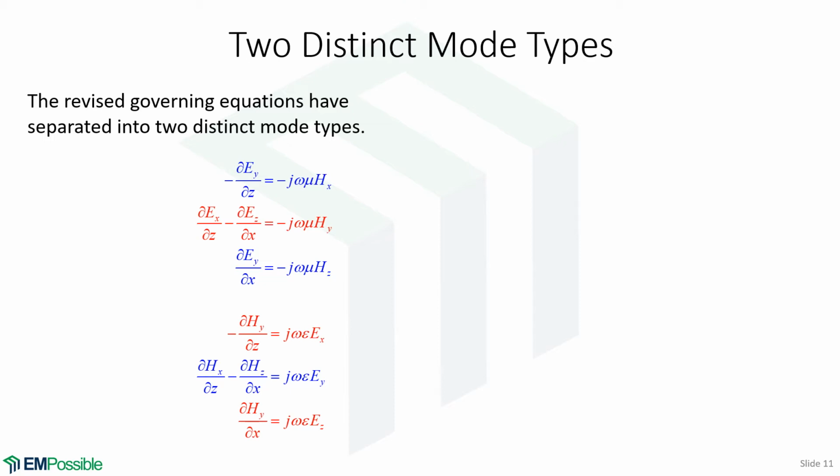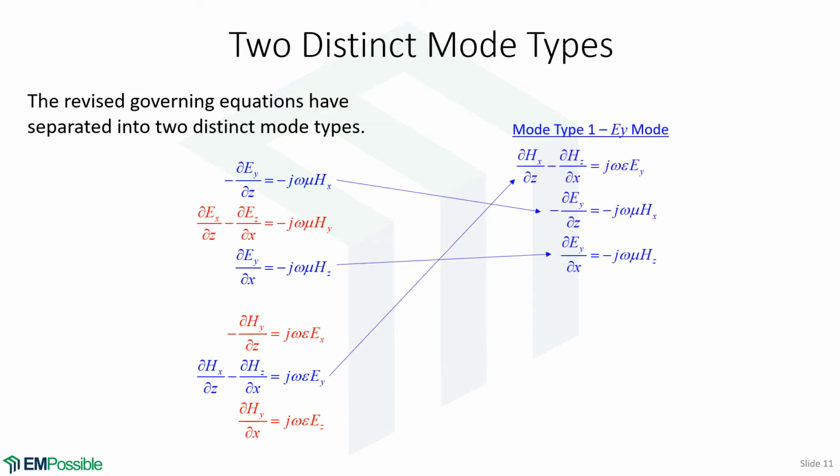The red equations contain Ex, Ez, and Hy, and none of those appear in blue equations. So in fact, our set of 6 coupled partial differential equations has decoupled into 2 independent sets of 3 equations each. This first one we will call the EY mode.